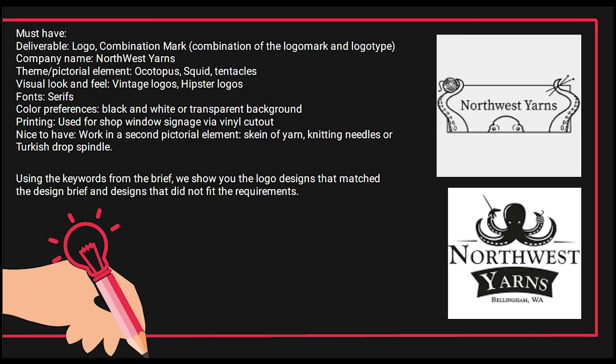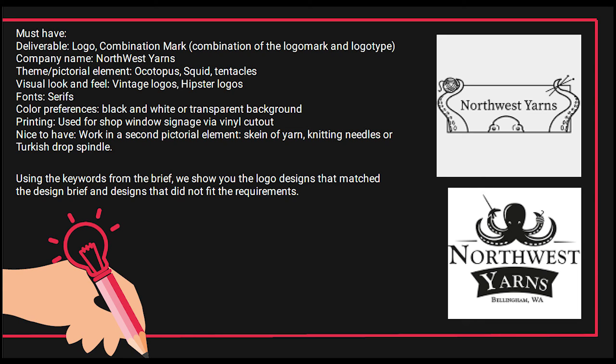Must-have deliverable: logo combination mark, a combination of the logo mark and logotype. Company name: Northwest Yarns. Theme or pictorial element: octopus, squid, tentacles. Visual look and feel: vintage logos, hipster logos. Fonts: serifs.